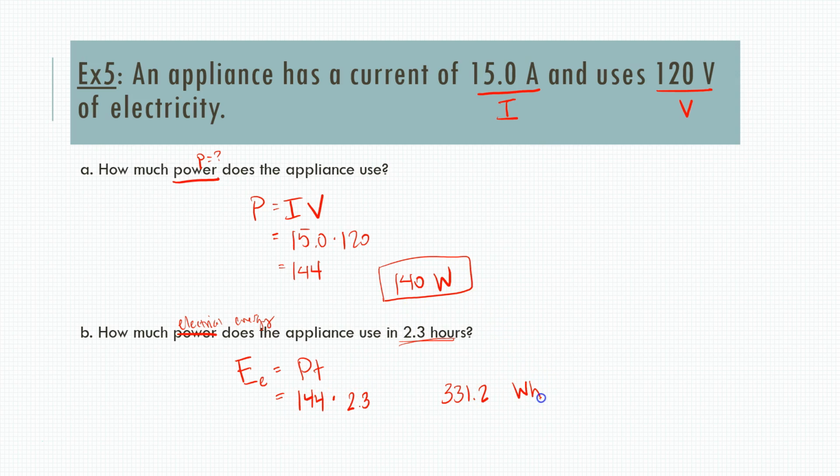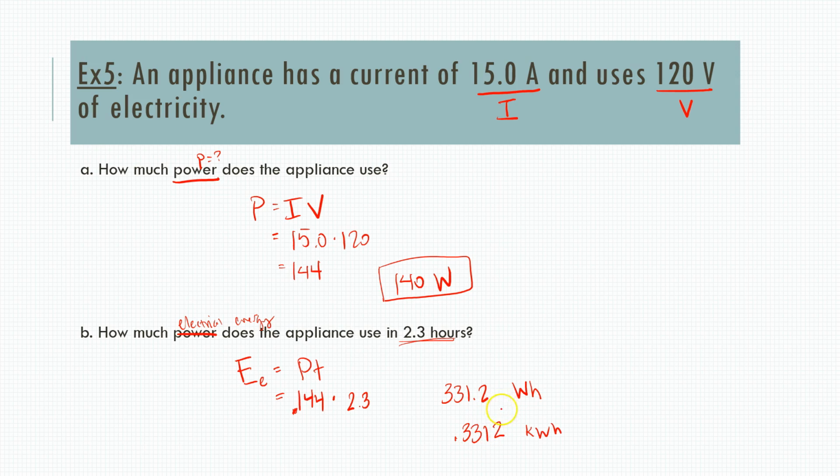That would be watt hours. My preference would be that we switch that to kilowatt hours. You can switch it now by moving your decimal over 3 spaces, and then that would be kilowatt hours, or you could do it here, which would be turning this into 0.144 kilowatts instead of watts. You're still going to get the same answer over here.